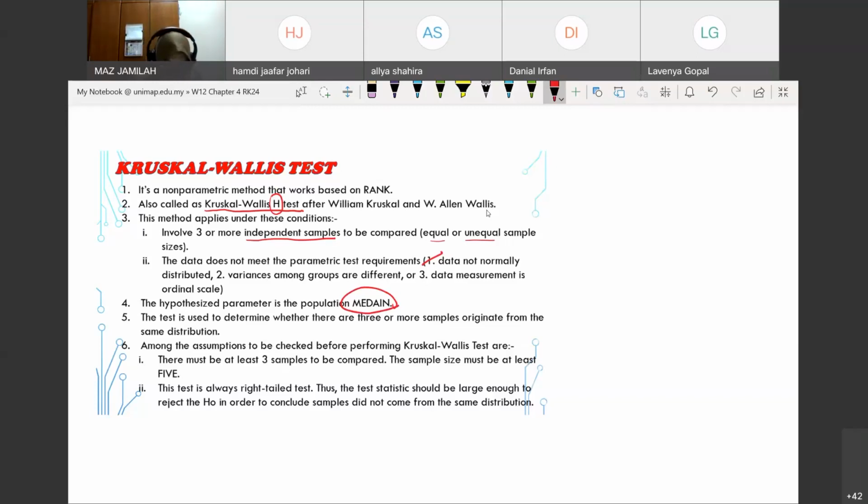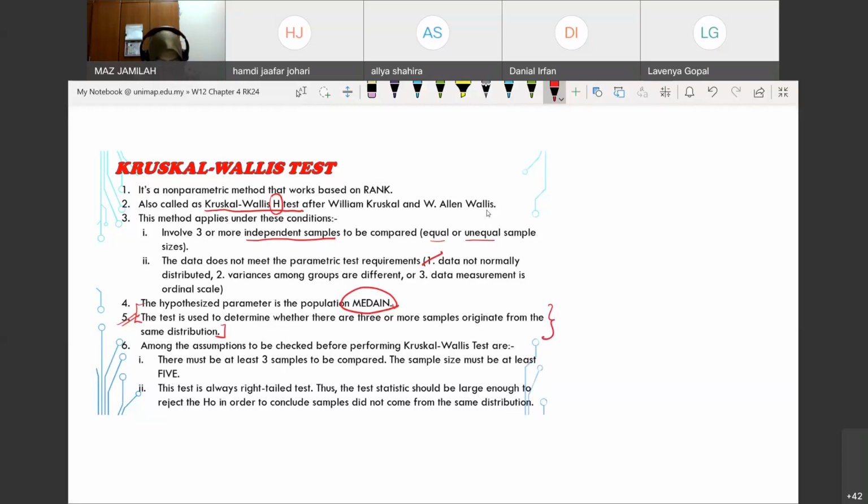So the test is basically testing whether they are from the same distribution or not. This is the gist of the test actually. When we state the hypothesis we refer to the median, but that statement refers to this particular concept.